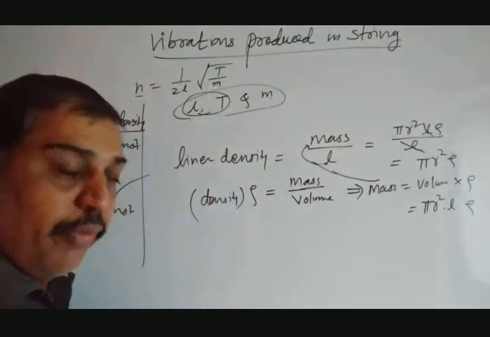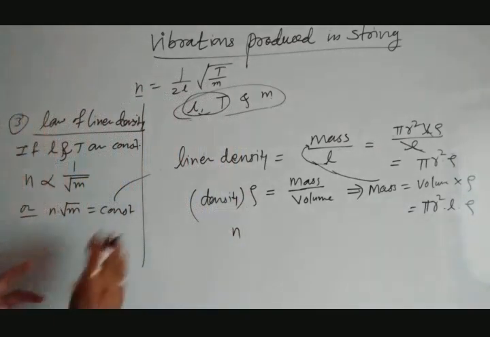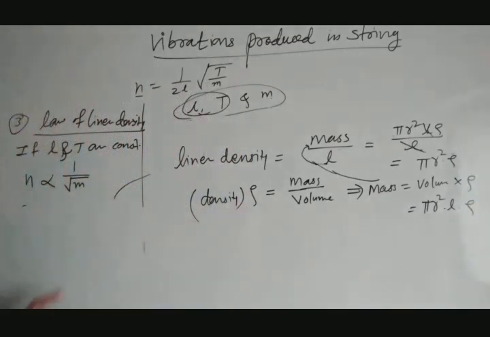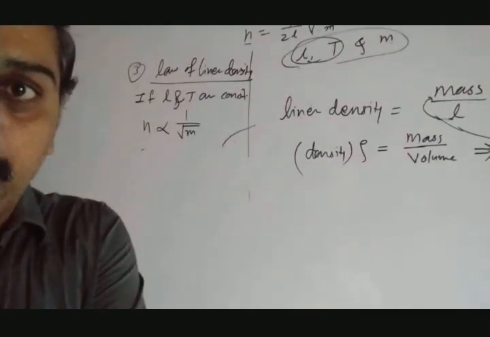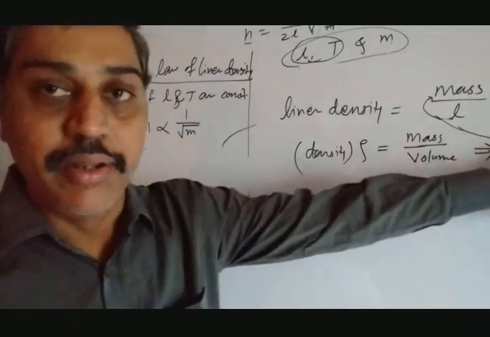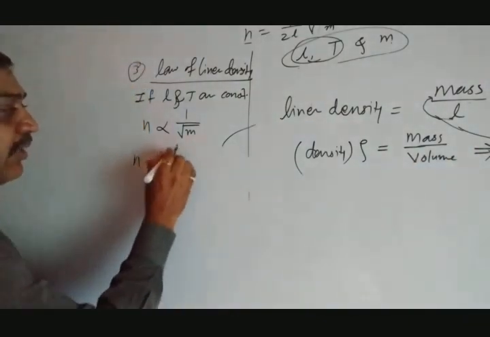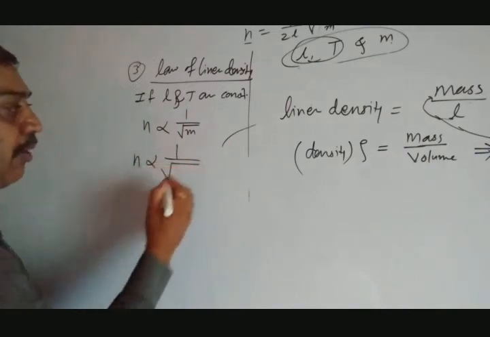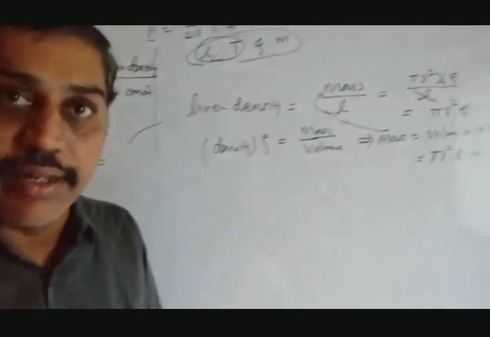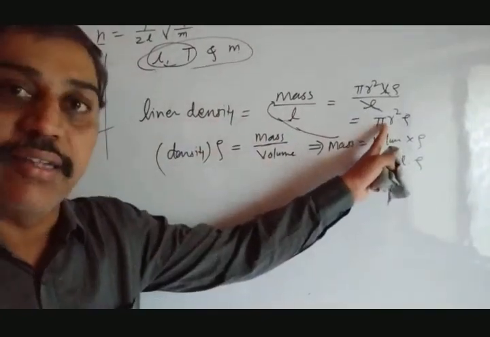As we know, N is inversely proportional to square root of M, and M is the linear density. We get that value here, pi R square rho. You can write N is inversely proportional to square root of pi R square into rho.